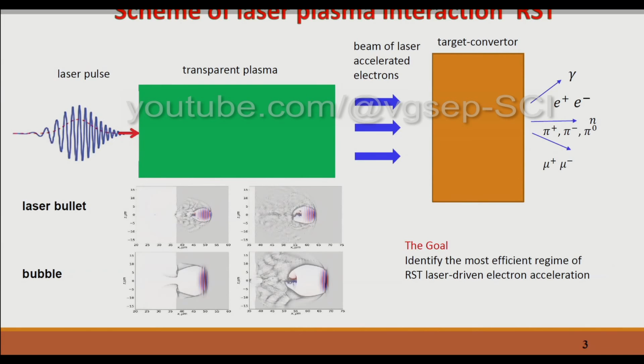The first one is when this soliton structure is filled completely by light, and the other one is when the cavity is filled only in the front part. So our goal here is to identify the most efficient regime of relativistic self-trapping.